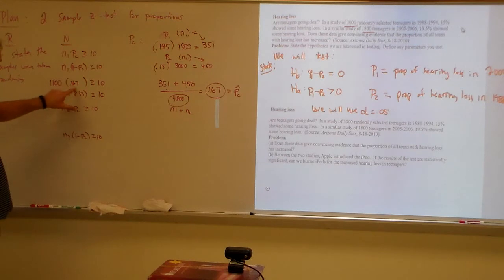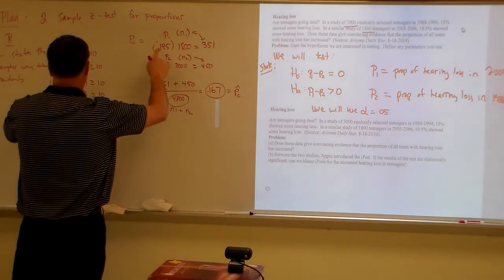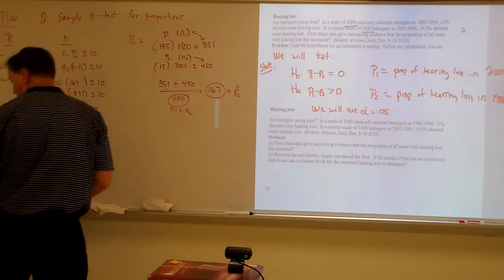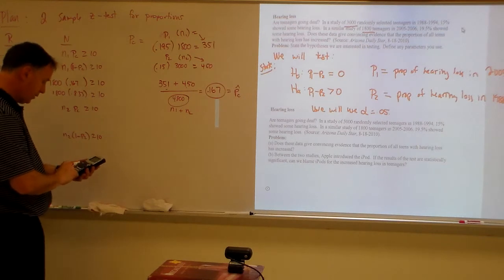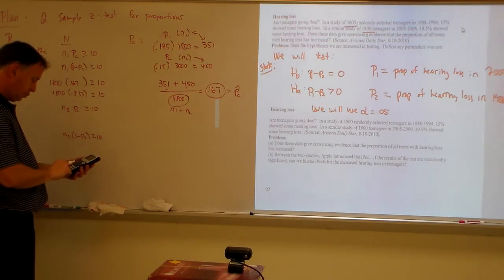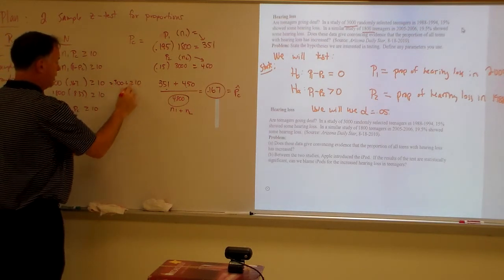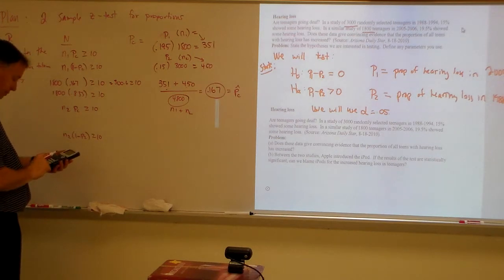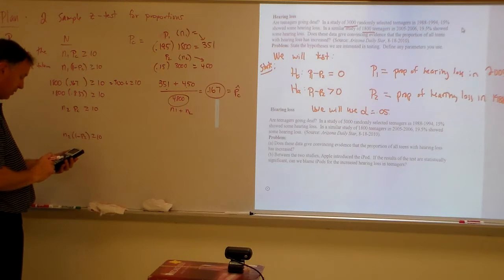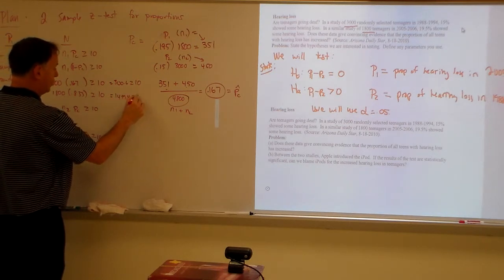Well, 1800 times 0.167 is 300.6, which is greater than or equal to 10. And then 1800 times 0.833 is 1499.4, that's greater than or equal to 10.